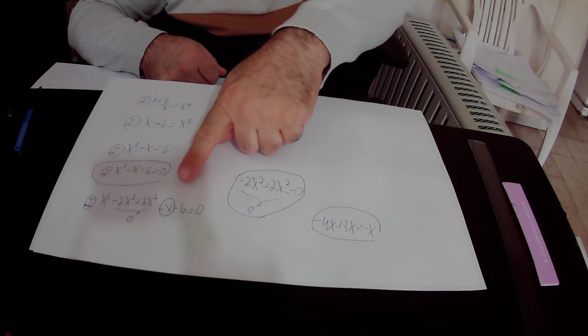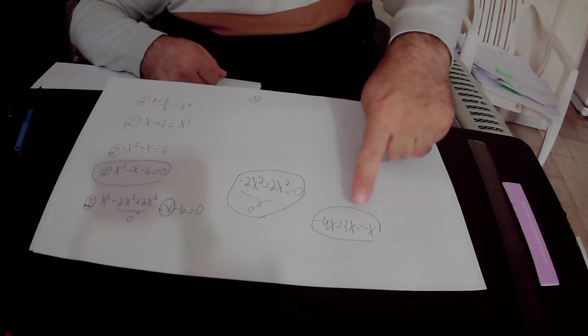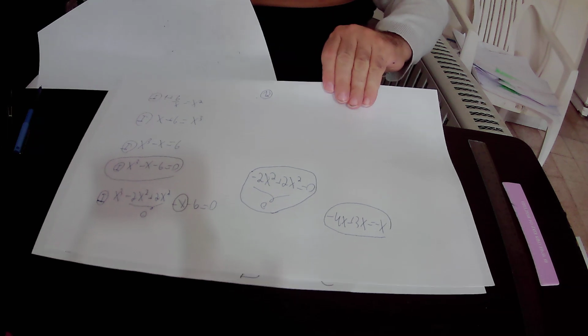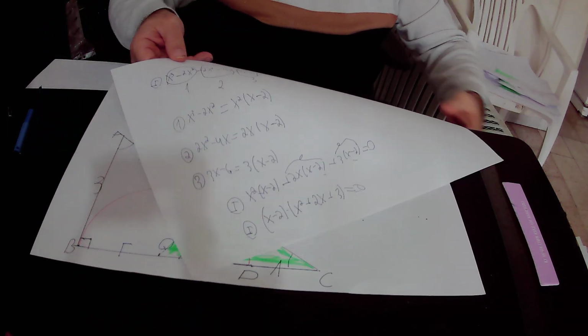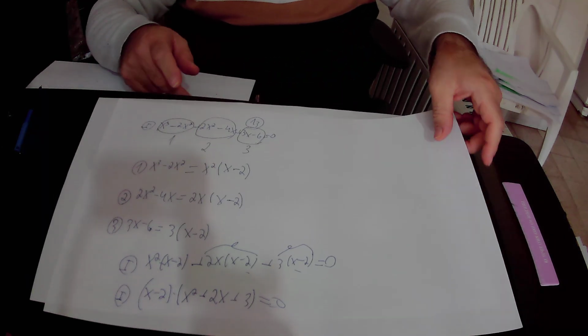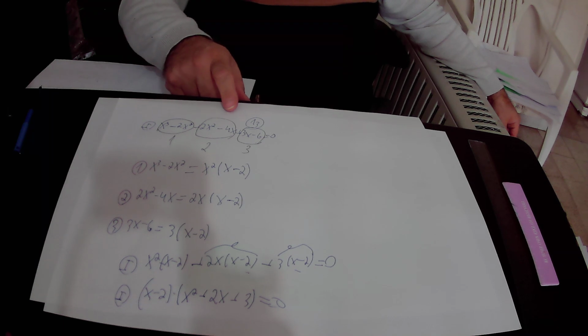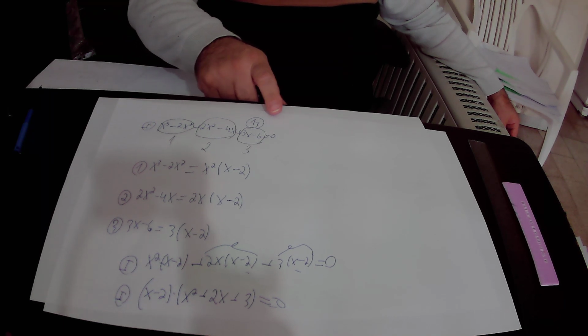So we substituted minus x by minus 4x plus 3x, and we got this equality that x cubed minus 2x squared plus 2x squared minus 4x plus 3x minus 6 equals 0.